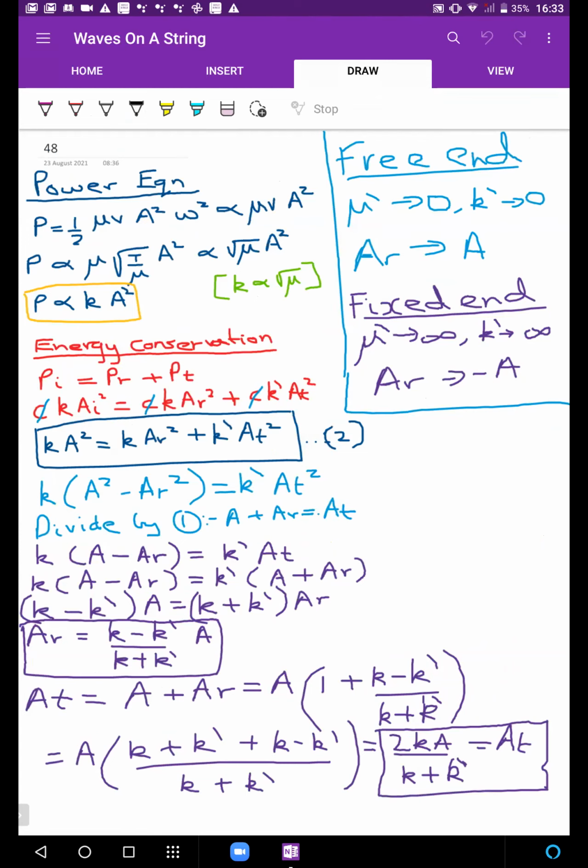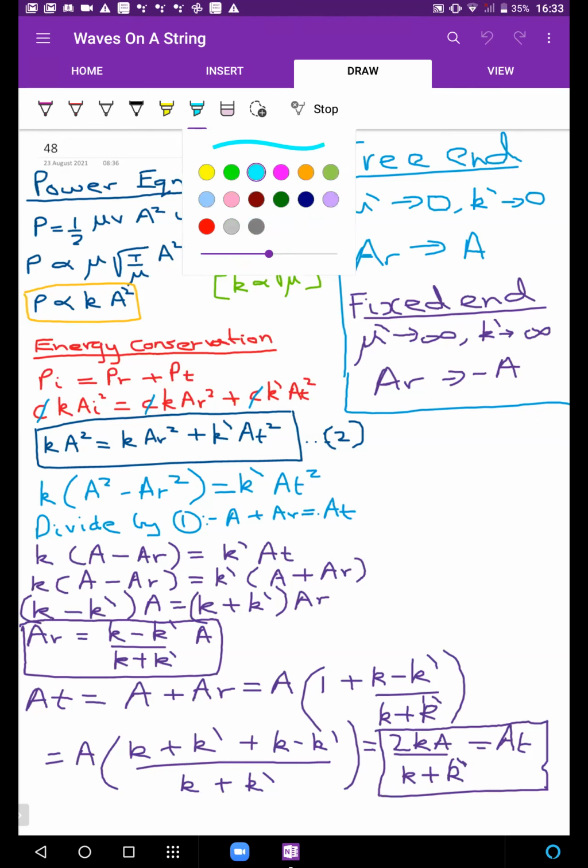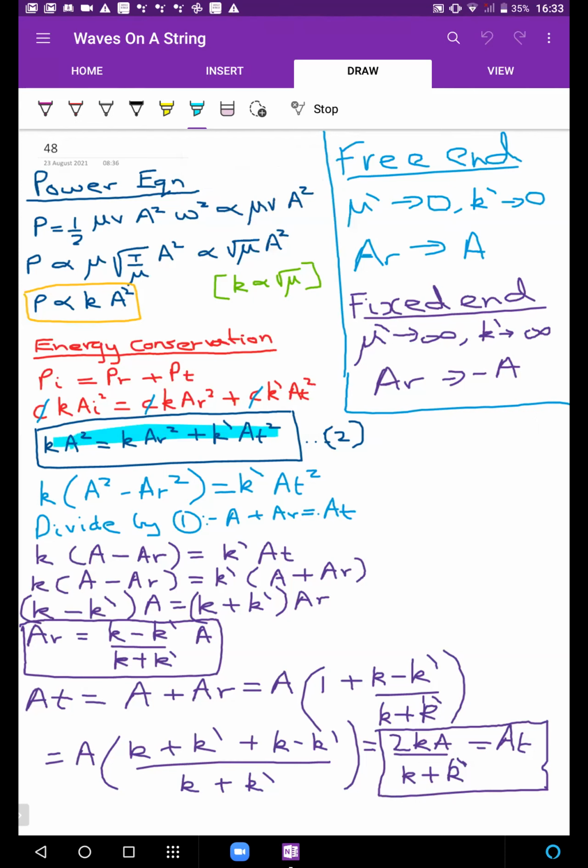ठीक है, mu v a square था, mu v को डाल दिया root T by mu, so power is root T mu a square and k itself is proportional to root mu. ठीक है, k is proportional to root mu, so with that we get power is proportional to k a square. So now when you apply energy conservation, initial power is reflected power plus transmitted power, right?